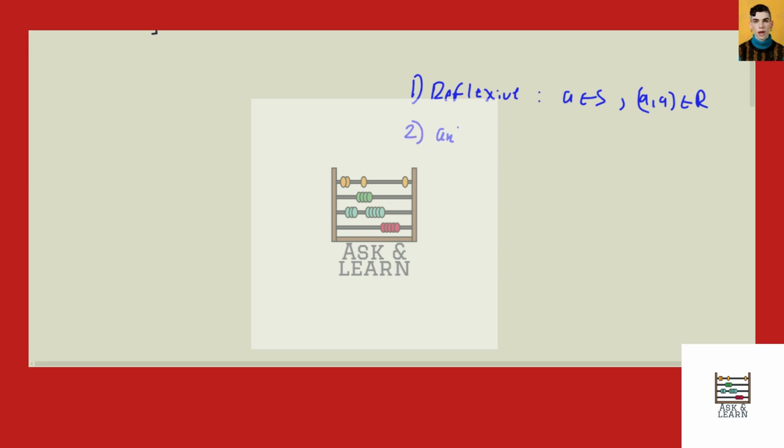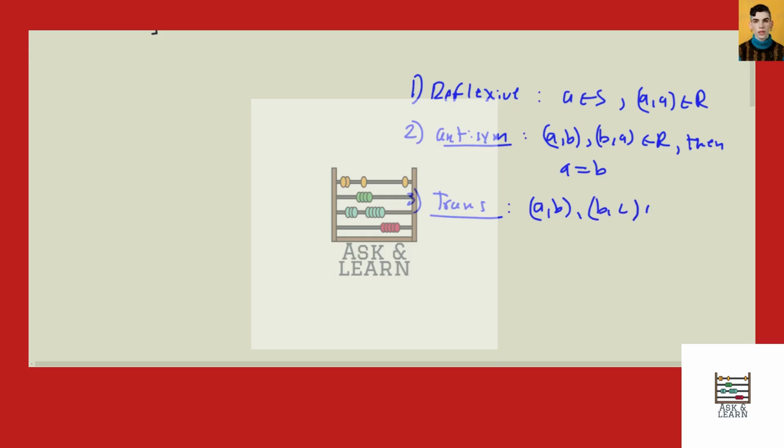Two, it needs to be anti-symmetric, which means if AB and BA are both in our relation, then A has to be equal to B. And then lastly, it needs to be transitive, which means if AB and BC are in our relation, then we have to have AC in there also.